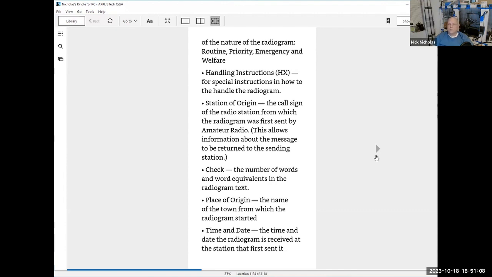The next level of message by priority is called priority message. Well, after the hurricane, the relief organization is coordinating getting water to people to drink. It's not immediate life and death, or it could be, but then they would send it as emergency. But we're just making sure all the water is in the distribution centers.